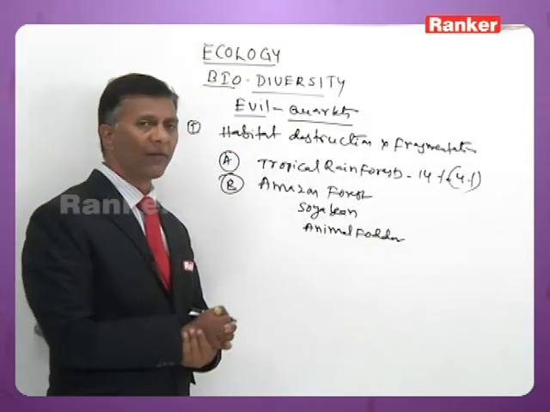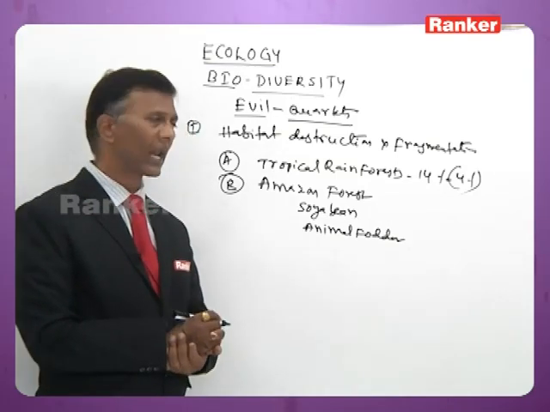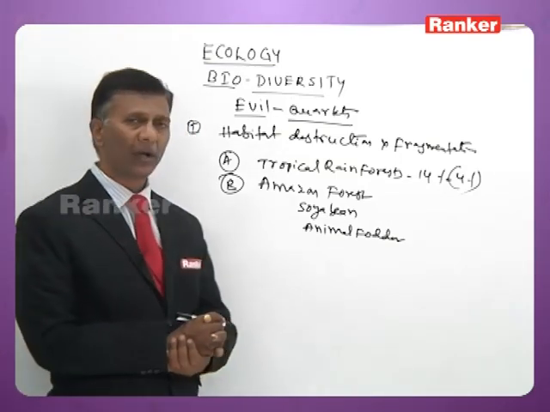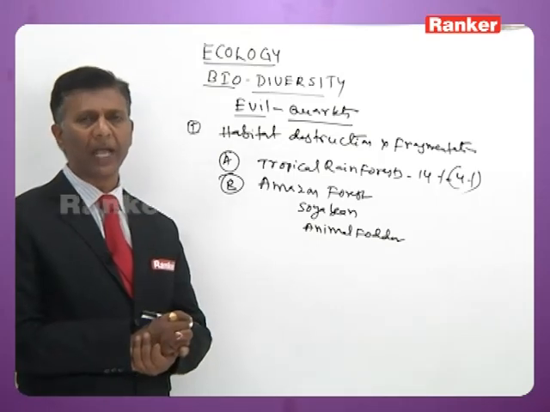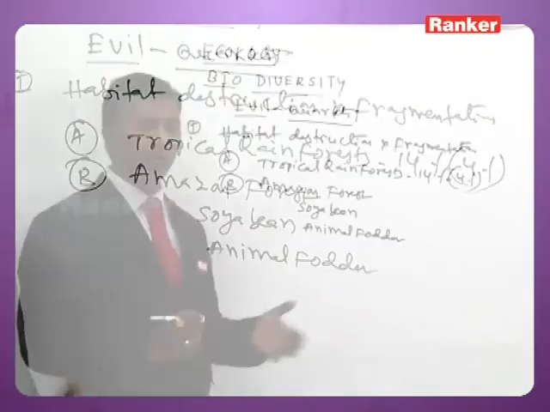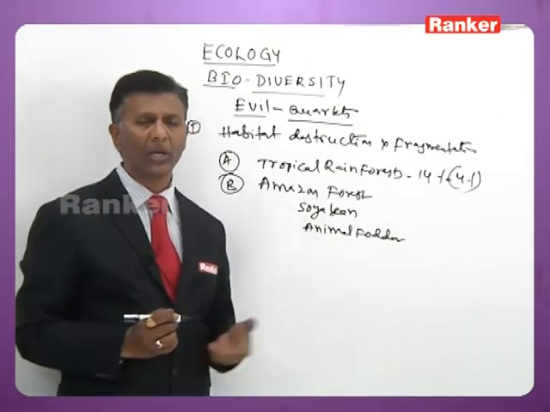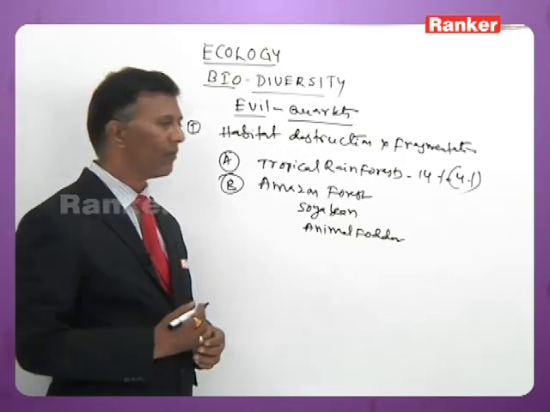So the Amazon forest, once considered the lung of the planet, is now being ravaged because of indiscriminate agricultural practices: people there cut down the trees to grow soya bean, or to grow different kinds of grasses or animal fodder.